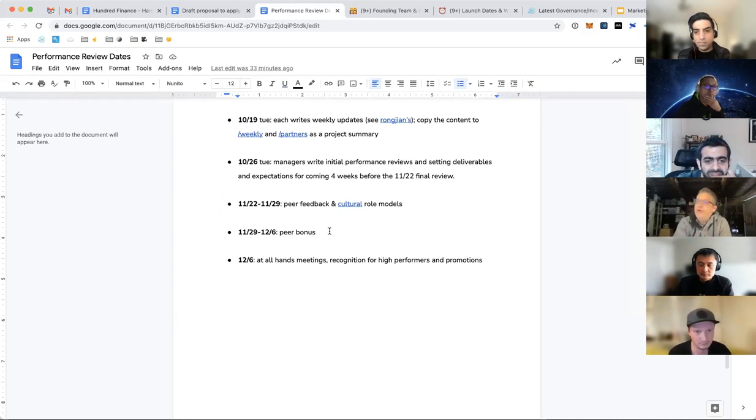So I'll prepare a spreadsheet so everyone can throw in their 0x address for their crypto wallet. And then we'll all be able to go in and use this to review how everybody is doing. A quick question, how many people have seen Coordinape and how many people have not?